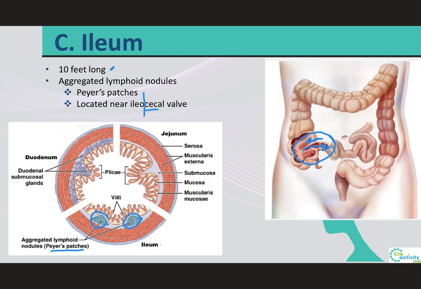However, this sometimes happens, and this is why these Peyer's patches are located in the ileum right next to the ileocecal valve, to basically destroy any bacteria that backflows from the cecum into the ileum, and therefore prevent an infection from occurring.